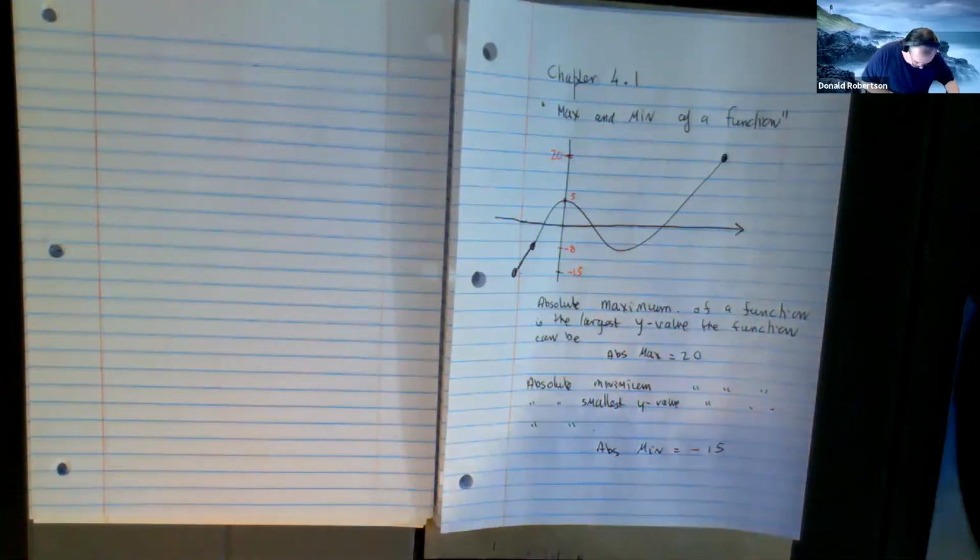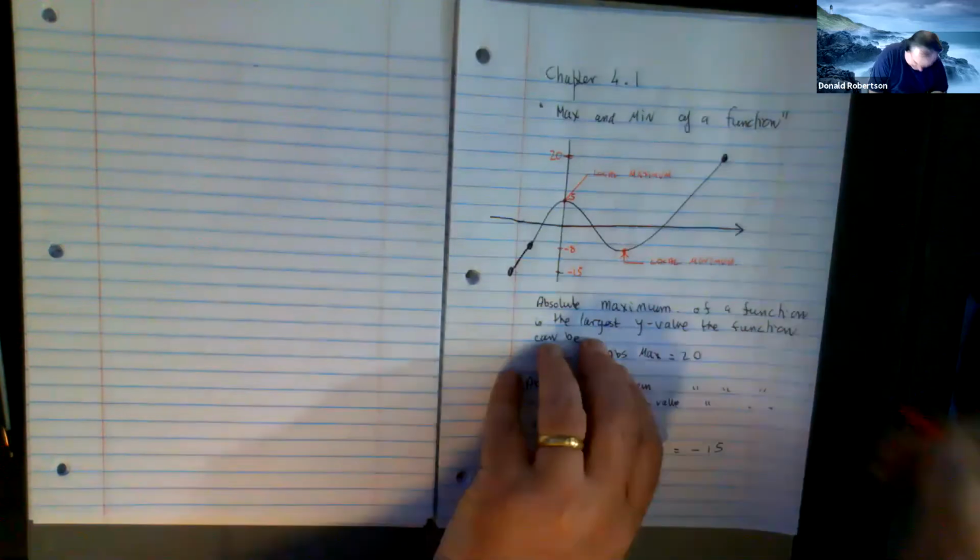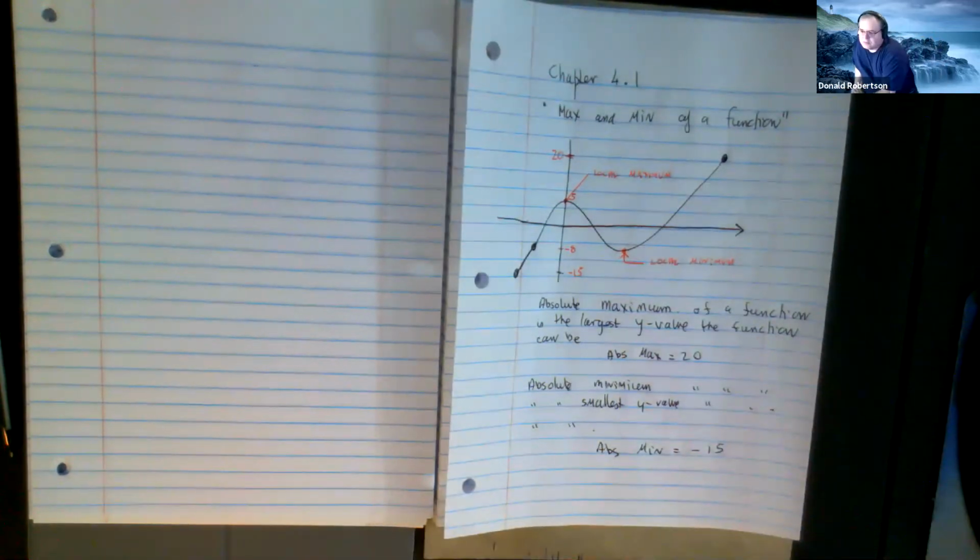Now there's two other guys. There's this guy here, and he is called a local minimum. And in this case, I've got this guy here, and he is called a local maximum. A local minimum or a local maximum aren't absolute maximums normally, but they might be in some cases.